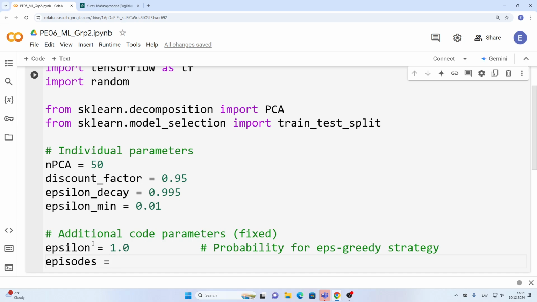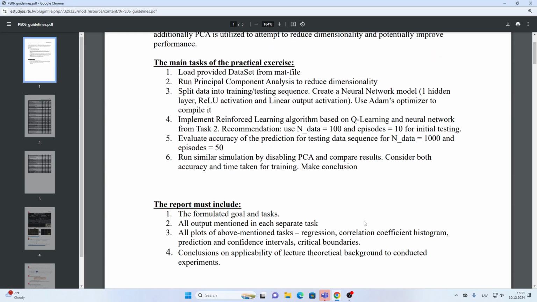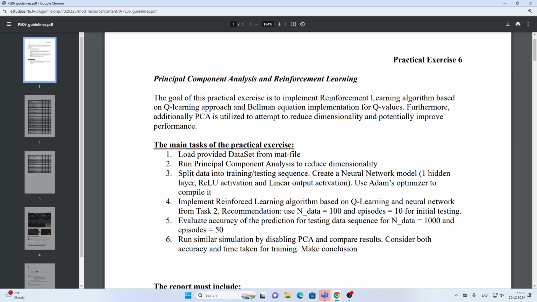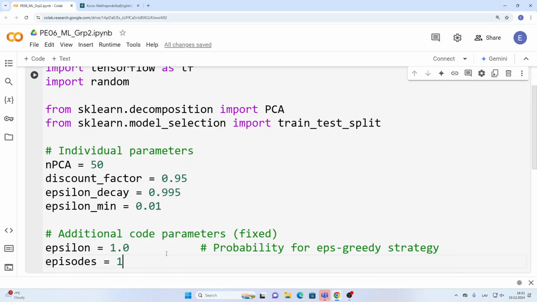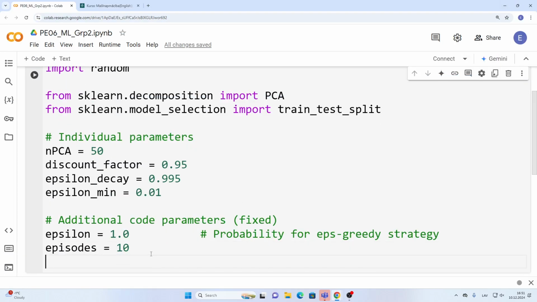And as it was mentioned in the guidelines here, it is recommended at the beginning to pick quite a small number of episodes so that you don't have to wait 10 minutes every time you run the code just to see if it works or not. So we set 10 episodes. Now, also, we are going to introduce a batch size of 32.